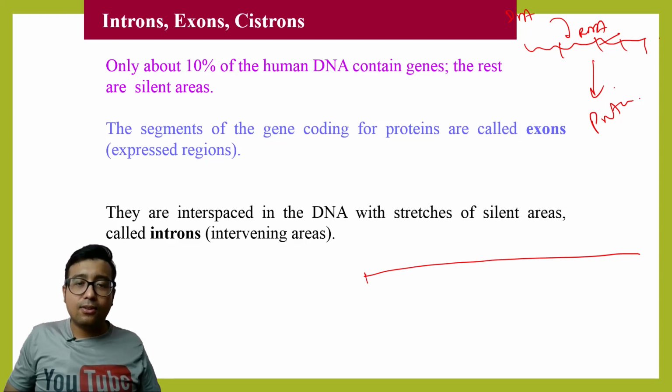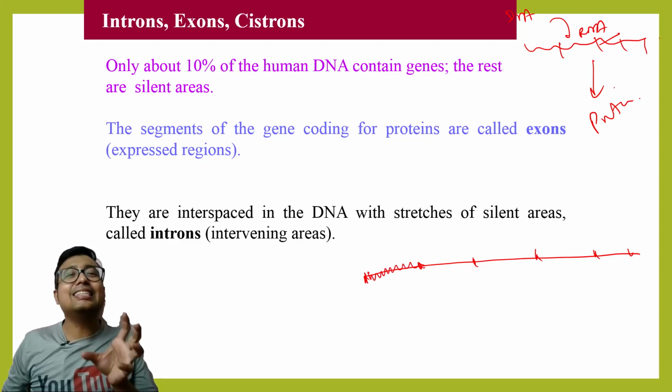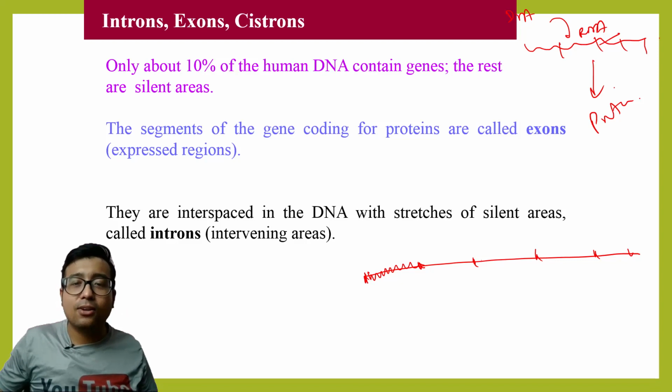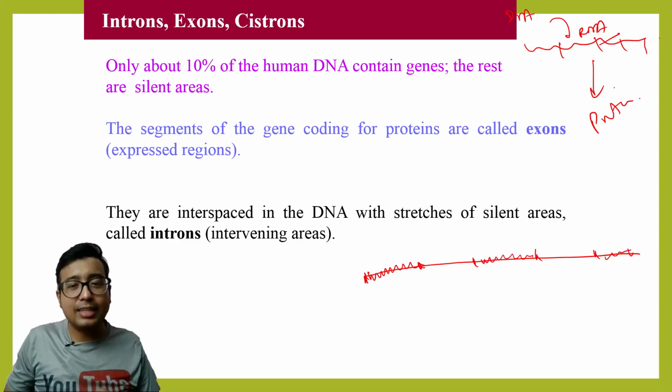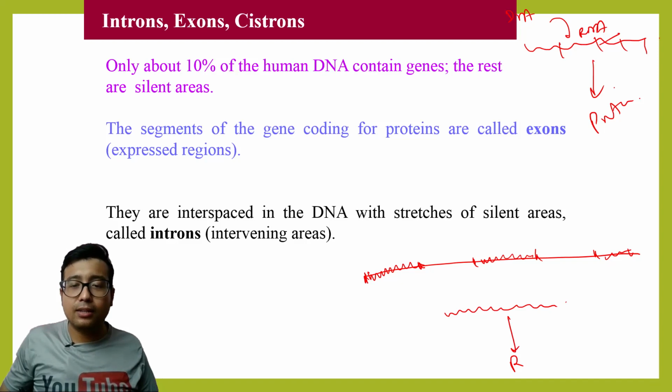Now suppose these are the parts of DNA. The information that is needed to form mRNA is only present in these areas. So if transcription occurs from these areas, an mRNA that is enough to produce a protein will be produced.